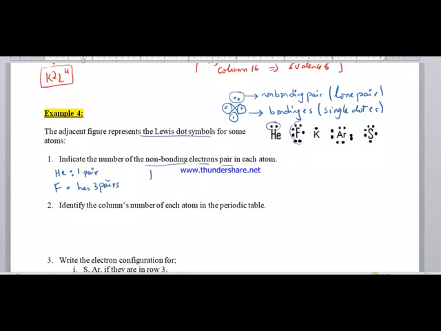Potassium, K, no pair. It has only a single dot electron. Argon has 1, 2, 3, and 4, so argon has 4 pairs of non-bonding electrons. Sulfur, 1, 2, so sulfur has 2 pairs of non-bonding electrons.